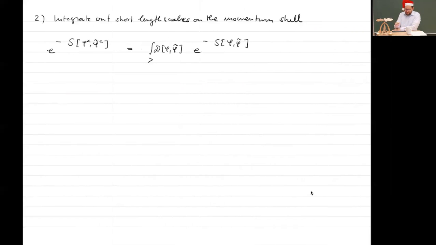That means that we define our action on the long, so small wave vectors, so the long wavelengths, as the integral over the entire action, but we only perform this integral over the very highest wave vectors in the system, on this momentum shell.